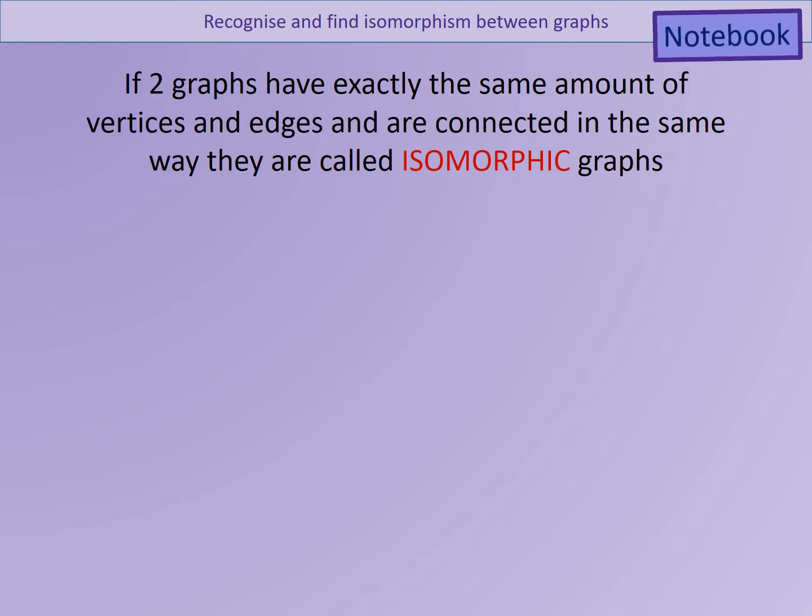So on those previous ones, even though one had the same amount of vertices and edges, it couldn't be connected in the same way, so it wasn't isomorphic. Whereas the other three could, by moving about the vertices, be shown that they were exactly the same, therefore they were isomorphic. Alright, so just pause there, just get your last little bits of notes down.